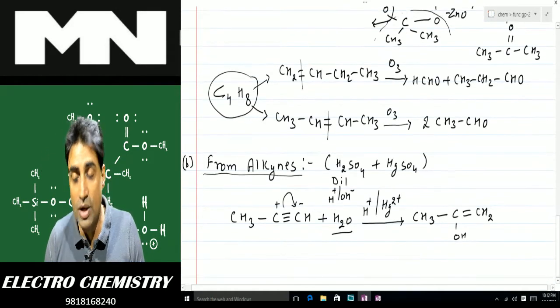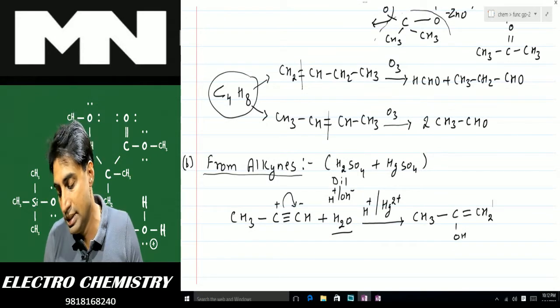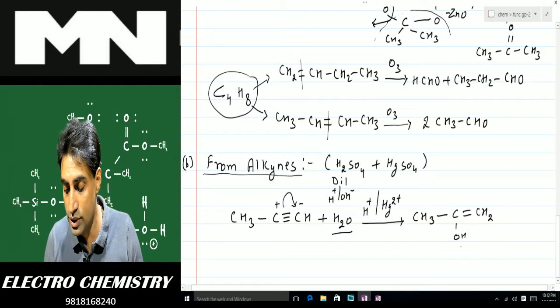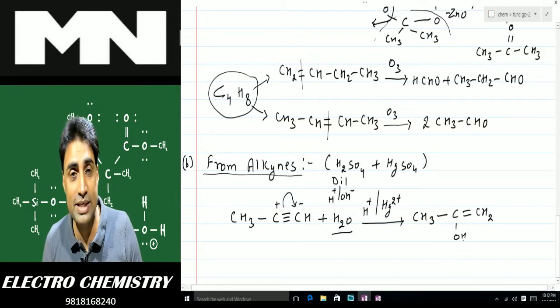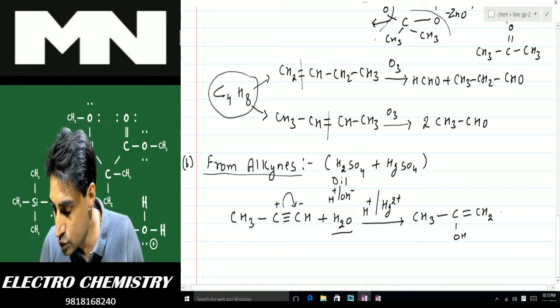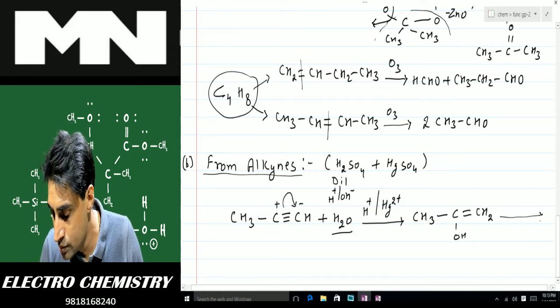If you name this compound, it is an enol, that is propen-2-ol, you'll see that the OH group is at the second position and it's a derivative of propene. So it is an enol. All compounds which are enols undergo tautomerism to the keto form. So this will also undergo tautomerism. It will tautomerize.